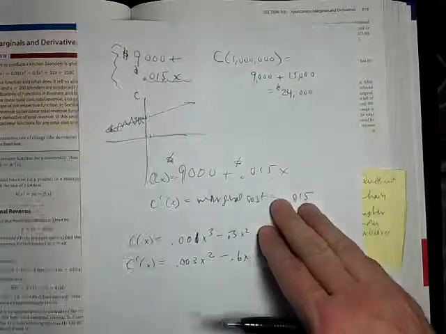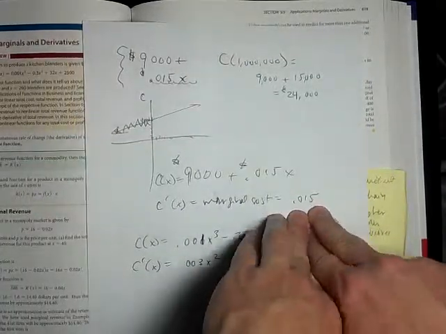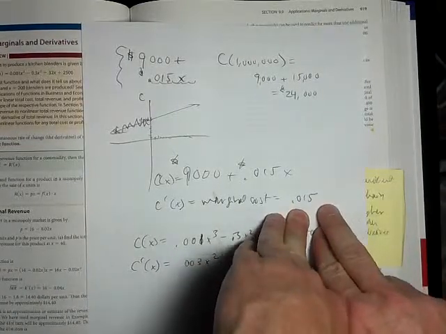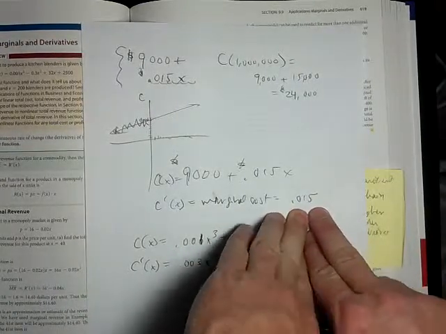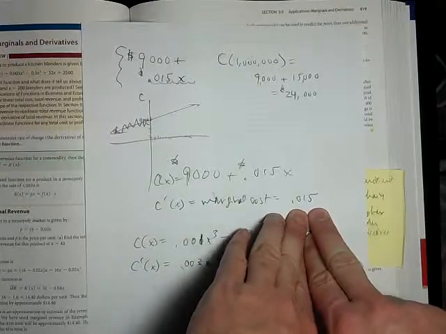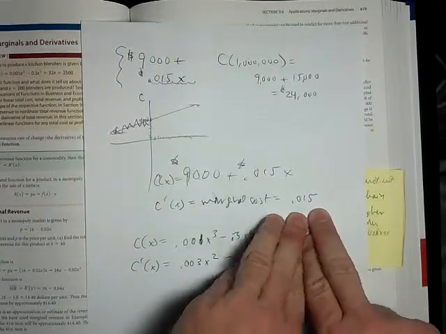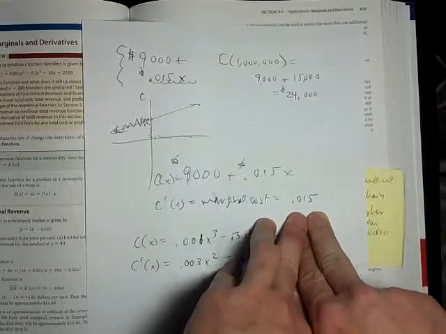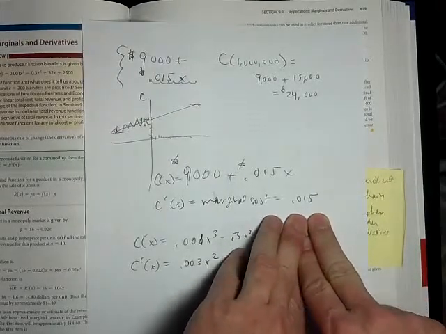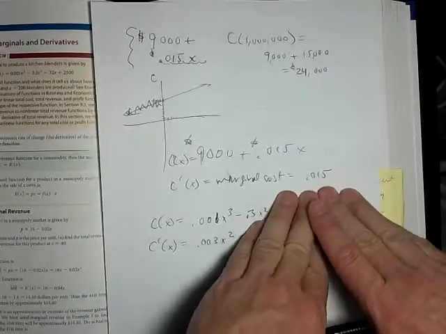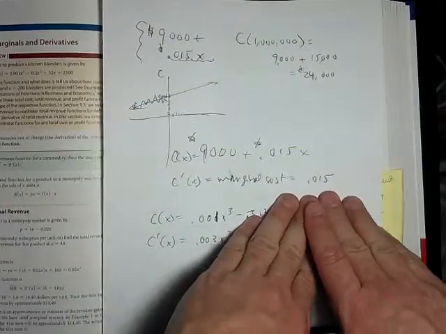Notice before, when it's linear, the marginal cost function is a number. There's no variability on x, which means it doesn't matter how many pencils we produce, the next pencil is always a penny and a half. But in real life, that's often not true. A great example would be a small business.